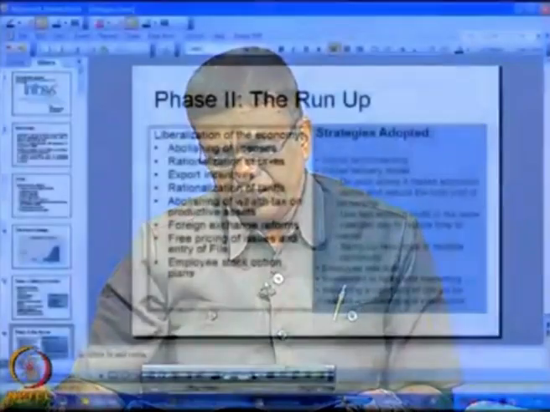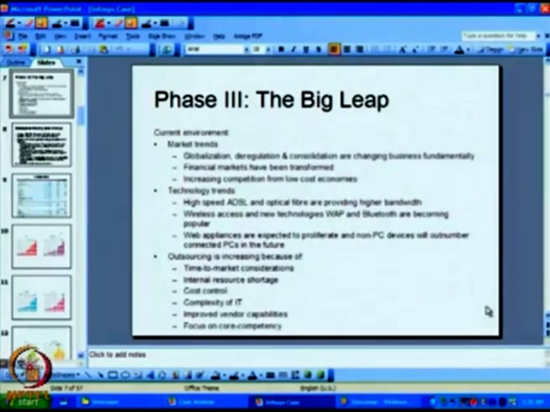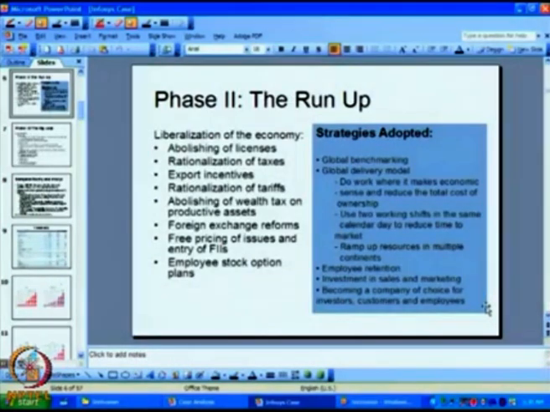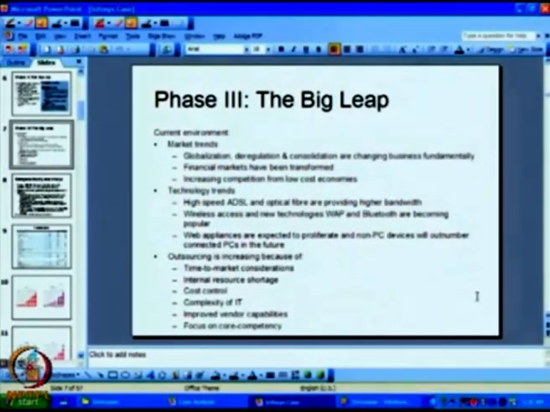Then ramp up resources in multiple continents, employee retention, investment in sales and marketing, becoming a company of choice for investors and employees. Now, the third stage, that is this big leap. This is the current environment. What does it tell you?